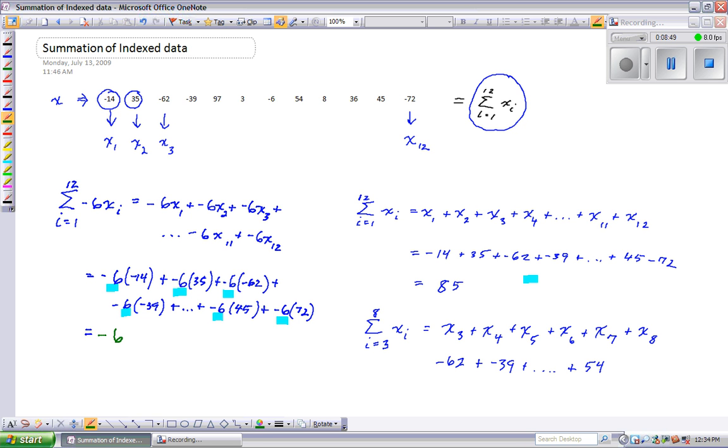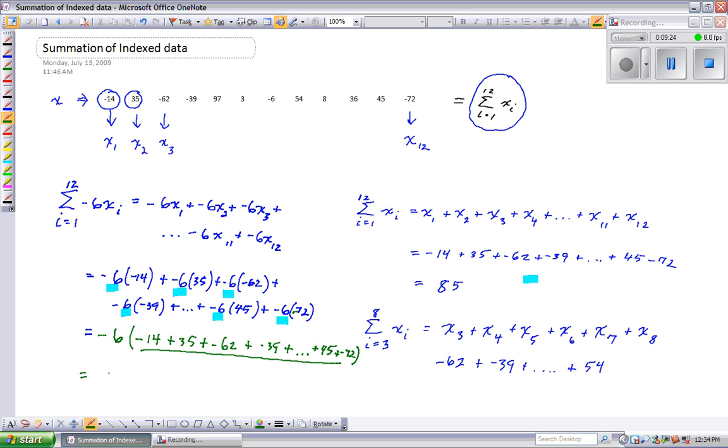If we pull the negative 6 out of every term, then we have this list left, which is just the sum of all the terms, or all the samples.